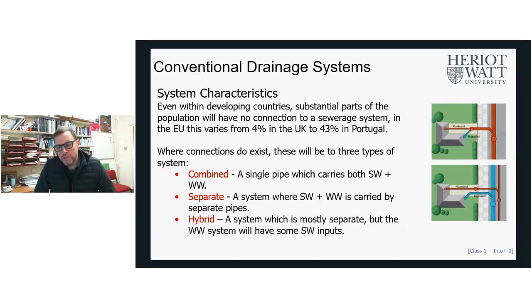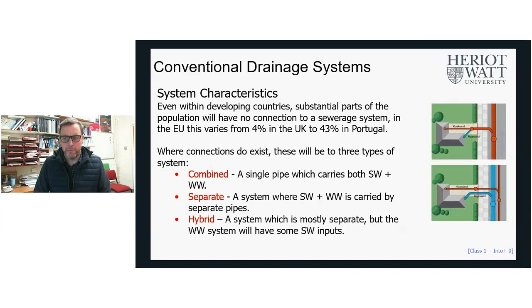The alternative to that, which really came in after the Second World War, is separate systems. This is where all your foul flows from your house connect to a foul pipe out in the street. So that's the flows from your kitchen, your bathroom, etc. connecting to that pipe, and that pipe goes all the way to the wastewater treatment works.